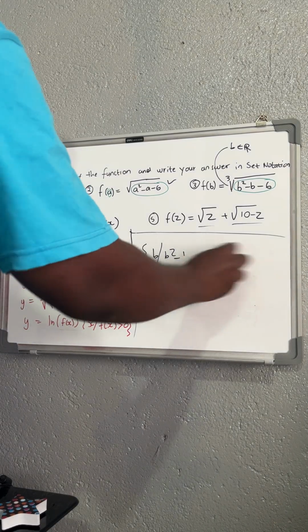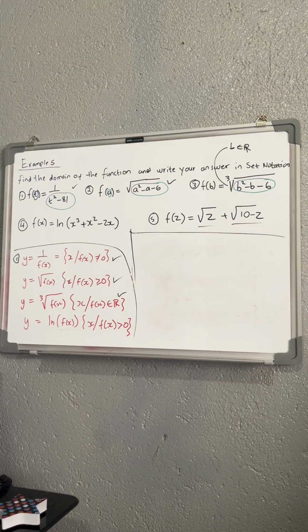So we're just going to continue with this one. So now we are given f of x, we are having ln. I said this can only be undefined if you are having something like ln of 0. So whatever you are working with has to be greater than 0.